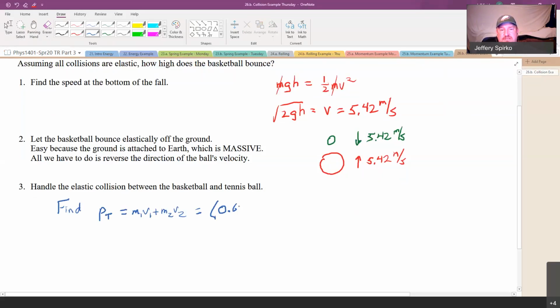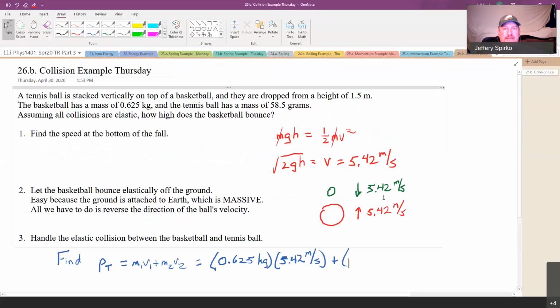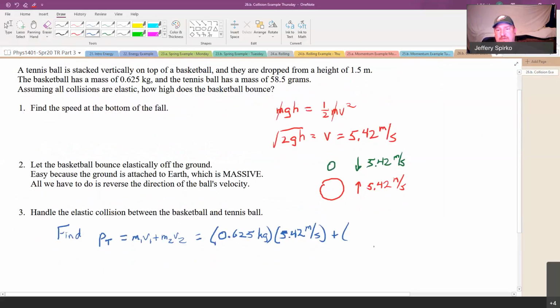So that's 0.625 kilograms, and v1 is 5.42 meters per second, plus the tennis ball mass of 58.5 grams, so that's 0.0585.